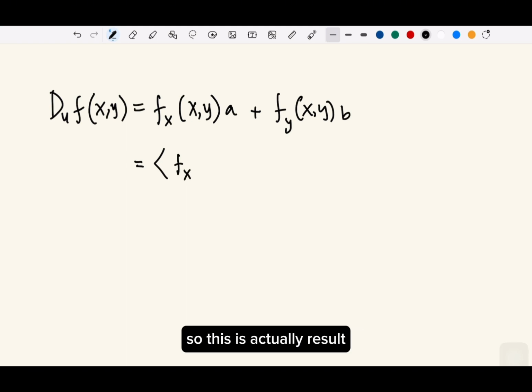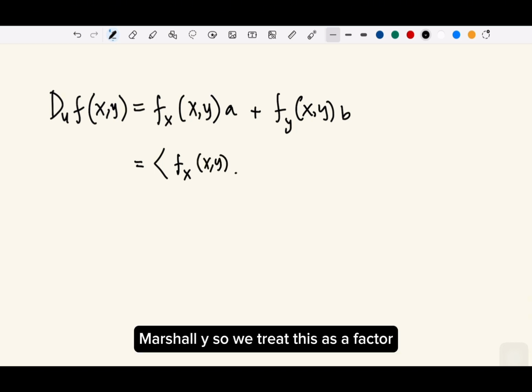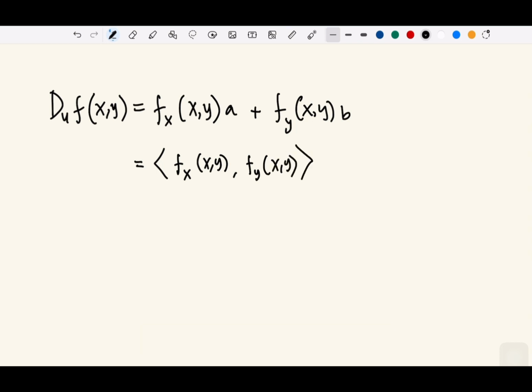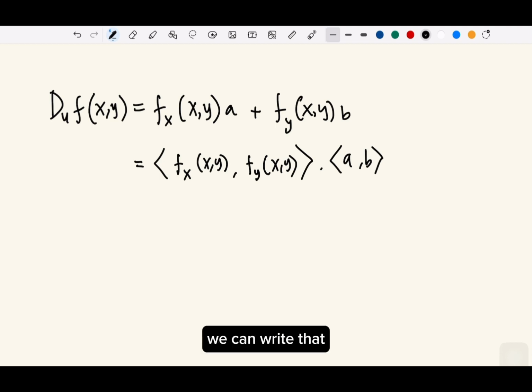So this is actually the result of the dot product of partial x, partial y. We treat this as a vector and then take the dot product with a and b.